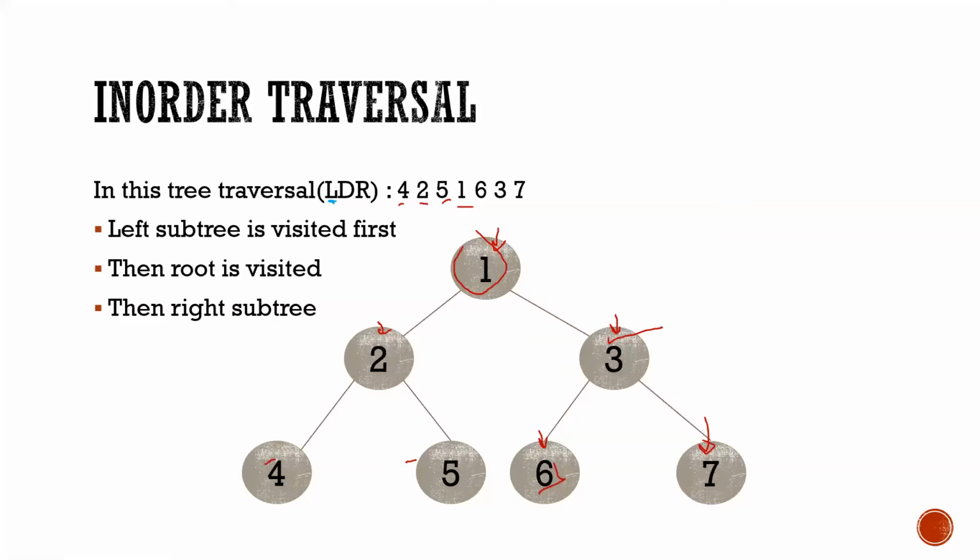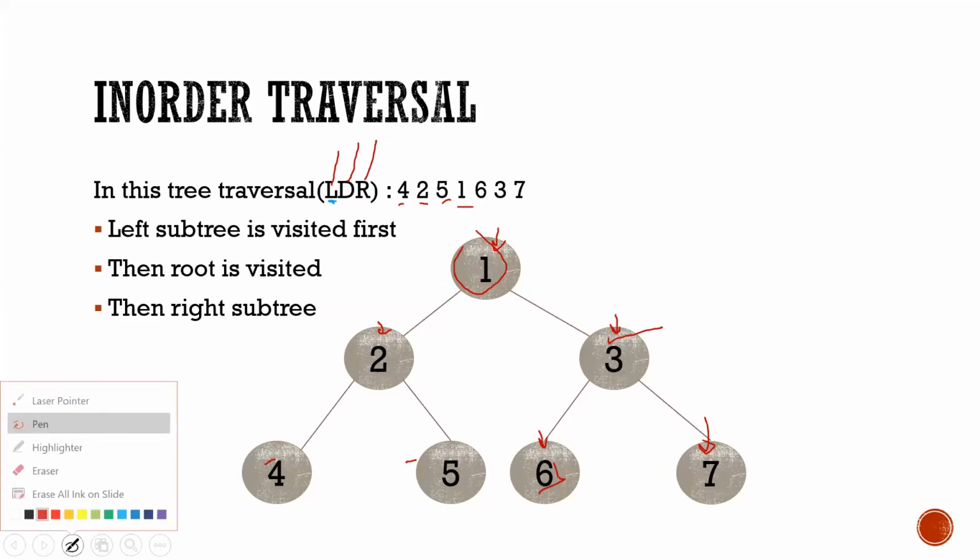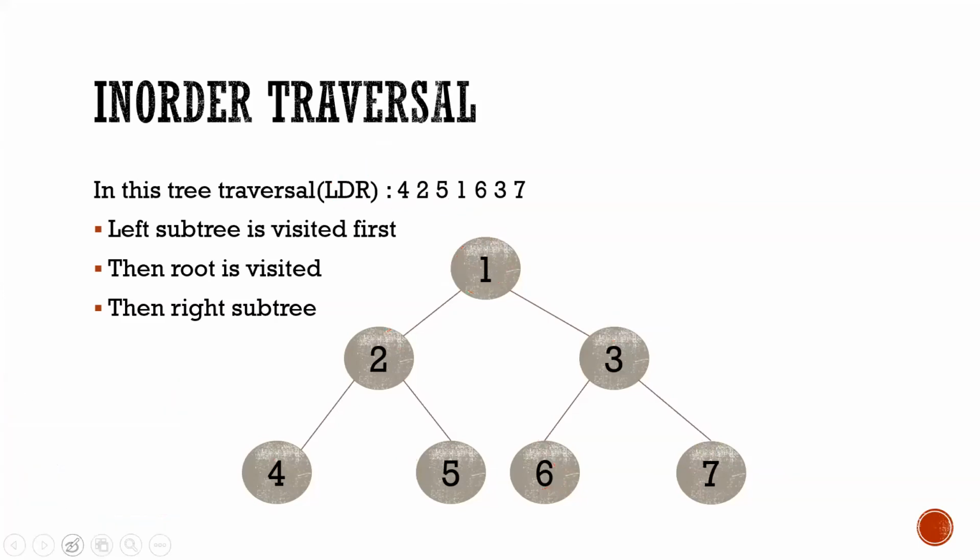Let me explain you again. Left, data, then right. First we're going to visit the left subtree, then data, then right subtree. Here the left subtree is 2, 4, and 5. For the node 2, the left is 4 and the right is 5.